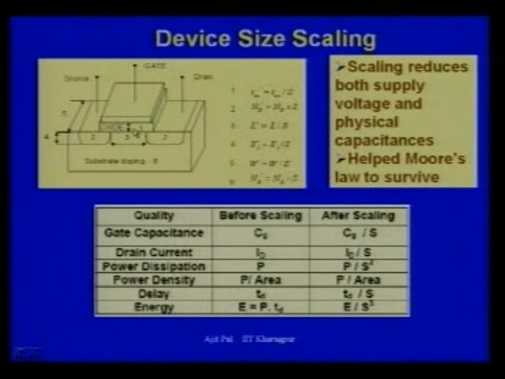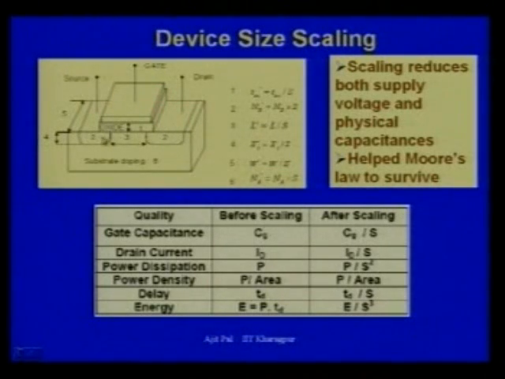You can see you are reducing the silicon dioxide thickness by a factor S, where S is greater than 1, maybe 1.2 or 1.3. We are increasing the doping concentration of the source and drain regions.